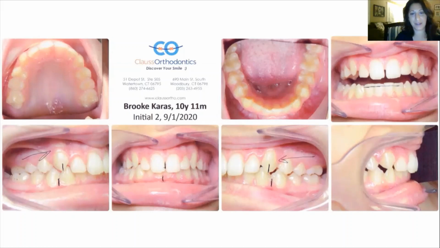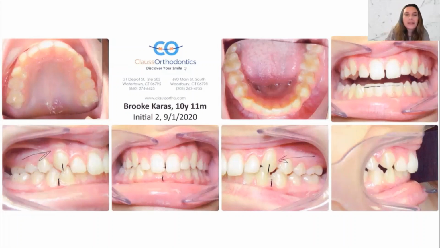Now we're going to go ahead and switch to the patient's left. So what molar classification is she on the left? Class 1. Yes. That's right. Excellent job. So she's a class 1.